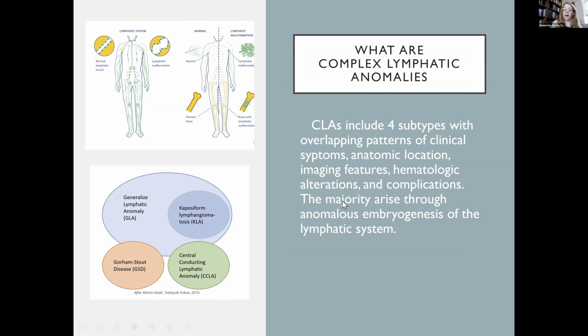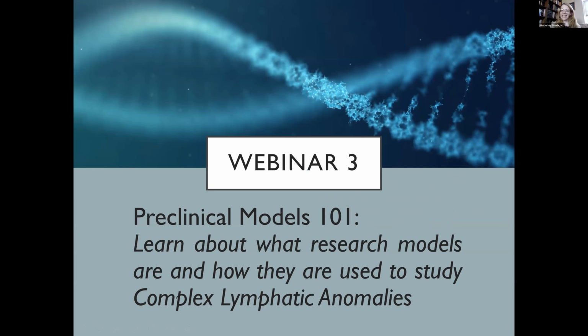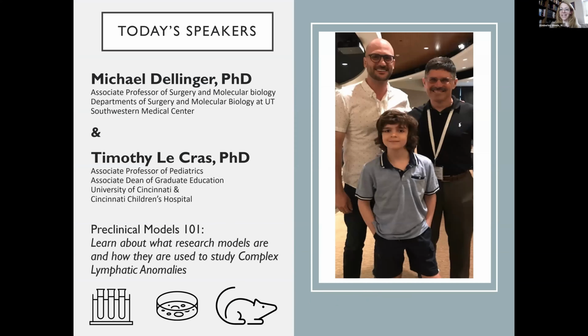conducting anomalies. So today, we are going to talk about preclinical models and learn about what research models are and how they're used in complex lymphatic anomalies. I am excited to introduce 2 important scientists who have been the everything to the LGDA and research.